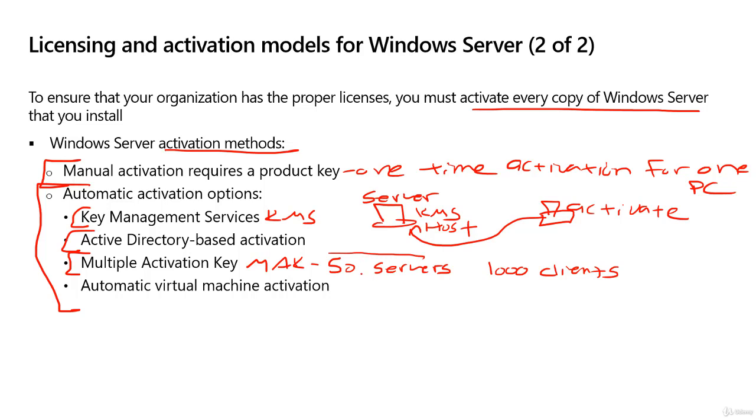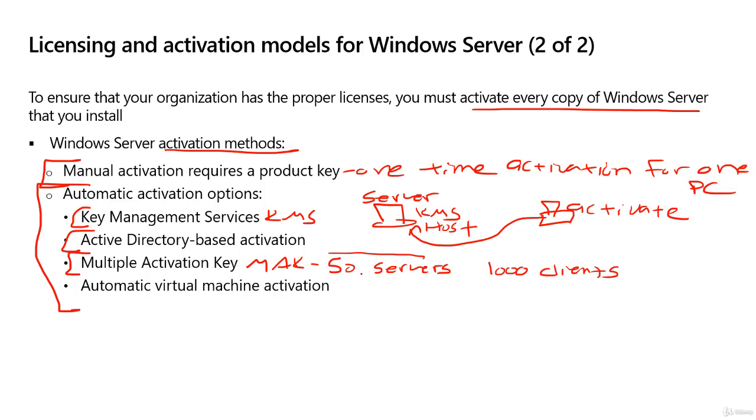So use the same product key on all those servers. When you activate, all it does is connect back to Microsoft through the internet, and it just reduces your remaining activations for each server you activate. Does the same on the clients. You can use the same product key on all your clients.